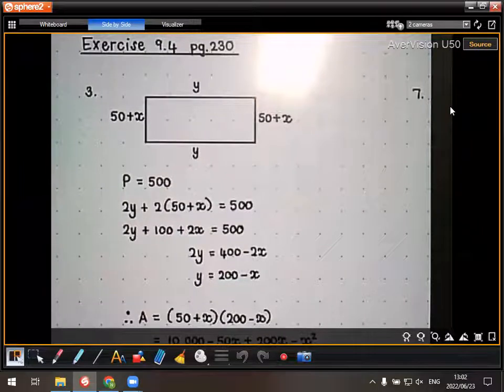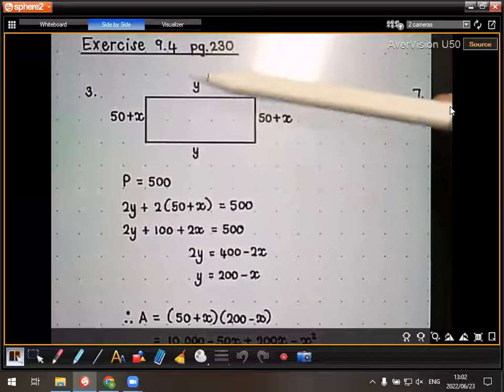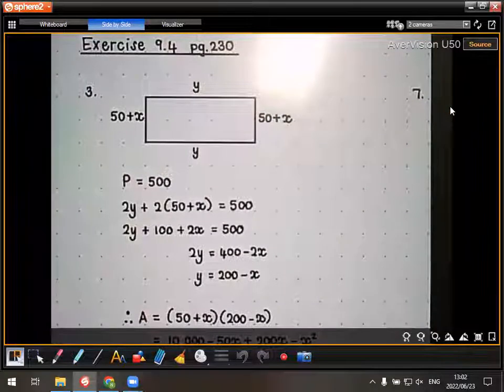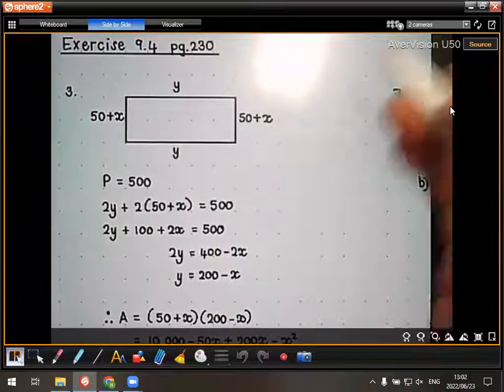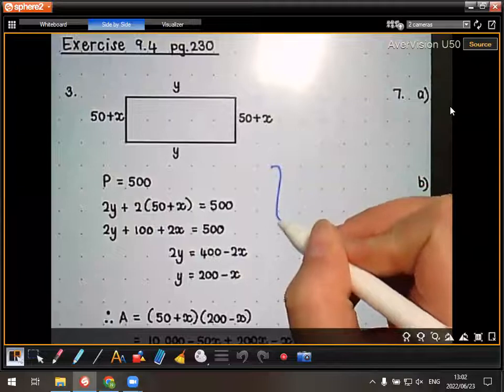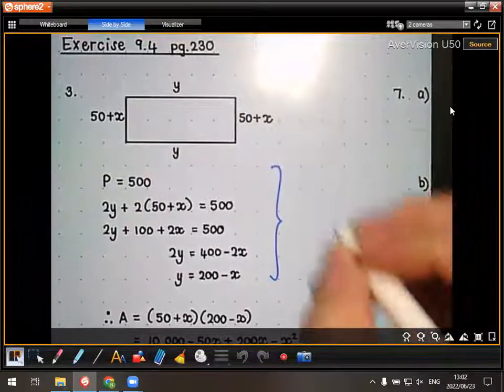But it is very important when you're doing optimization. Remember, you're going to have to find the derivative of the area. So if you have a 50 plus x and then times by y, you have 2 variables, you can't find the derivative of that. Okay, so for these questions, I'm just going to make a note next to this here. I don't think we have actually written that down.